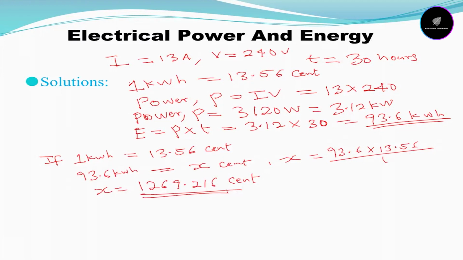So the cost for using the equipment for 30 hours per week is 1269.216 cents. Now, when you convert cent to dollar, when you divide by 100, we're going to get 12.69.